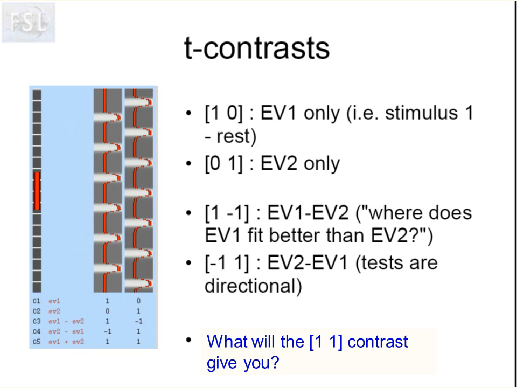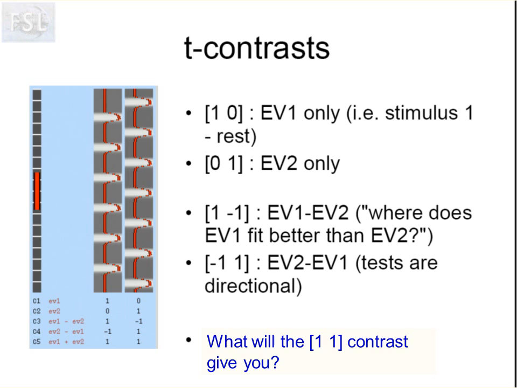Sometimes people think about using it, but then they tend to realize that it's not a very good idea after a while, because what the 1-1 contrast will give you is a kind of average activation of the two explanatory variables here, and that average activation is going to be hard to interpret.